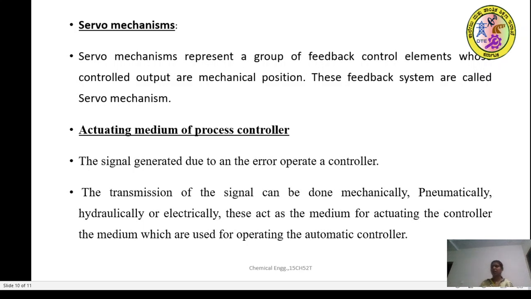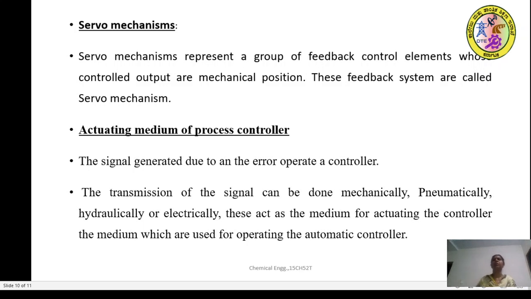The transmission of the signal can be mechanical, pneumatic, hydraulic or electrical. These act as a medium for actuating the controller, the medium used for operating the controller.